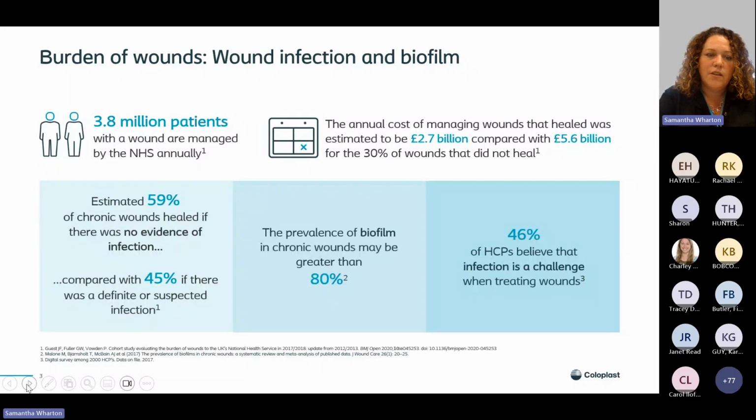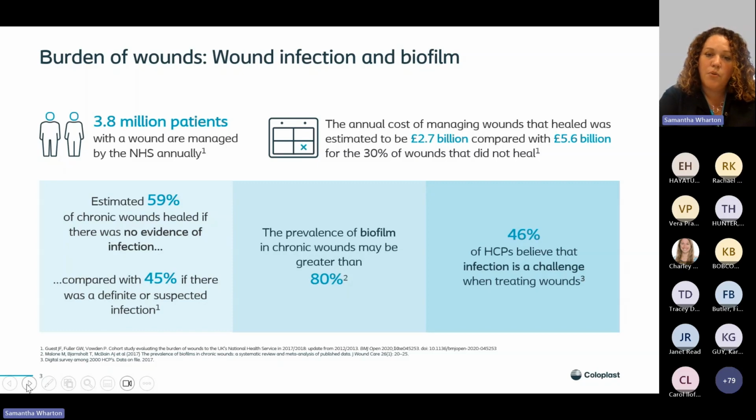It's estimated 59% of chronic wounds healed if there was no evidence of infection. That's compared to 45% where there was definite or suspected infection. So once you get infections, you're going to have that wound for much longer, which is going to incur those further additional costs.